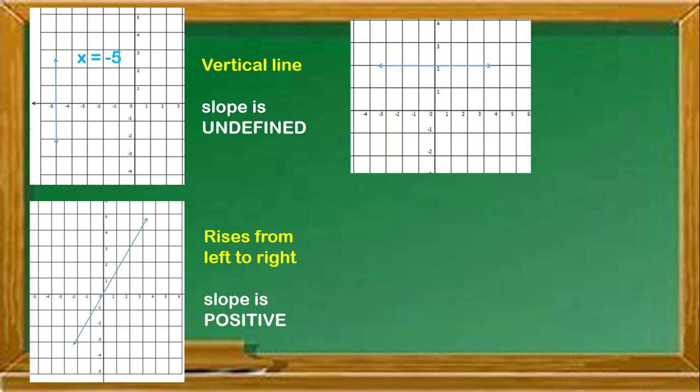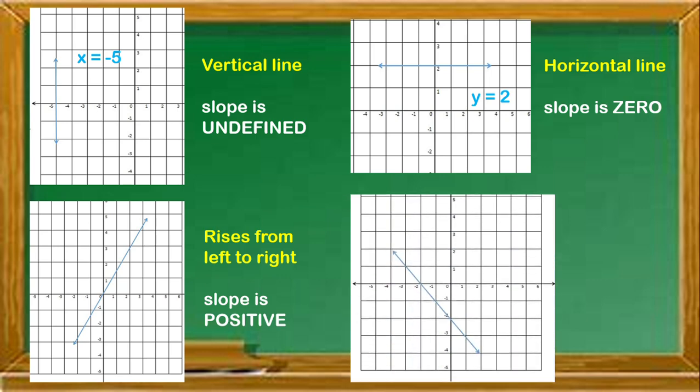And here, as we can see here, the line is horizontal, so the slope is 0. And here, it's slanting and it's going downward, so it falls from left to right, and then the slope is negative.